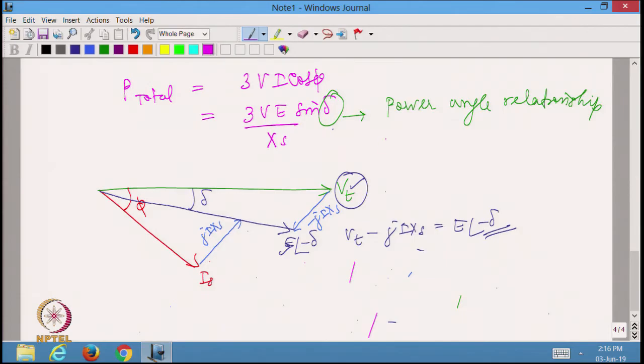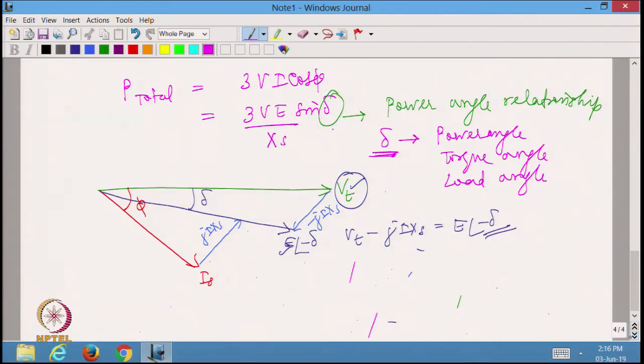So, this delta is generally known as power angle or torque angle or load angle. All of them are synonymous with each other. So, this plays a very vital role in deciding how much is the power delivered either by the synchronous motor in the form of mechanical power or by the synchronous generator in the form of electrical power. So, we are looking at this as a very important thing.